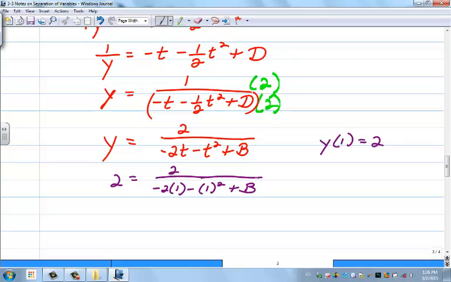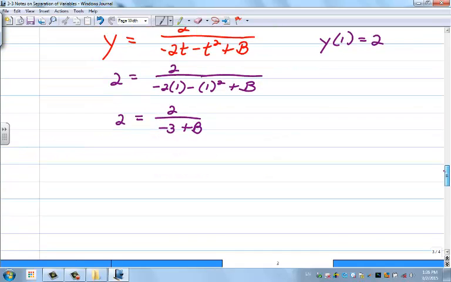Solving for b very quickly, we get 2 equals 2 over negative 3 plus b. Cross multiply, we get negative 6 plus 2b is equal to 2, because this is over 1, of course, and then b ends up equaling 4.